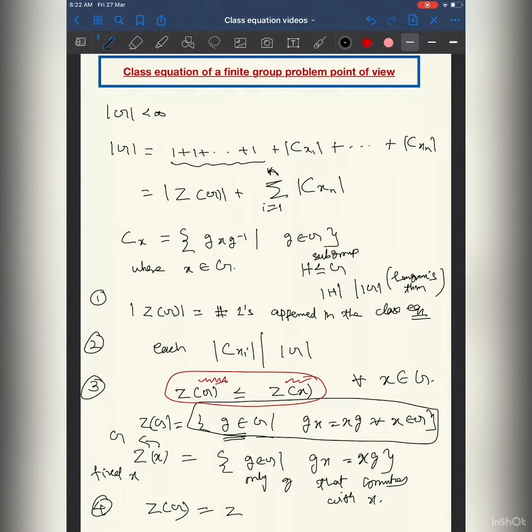x belongs to the center of G if and only if Z(x) equals the entire G. This is true because if an element belongs to the center of G, it will commute with all other elements.